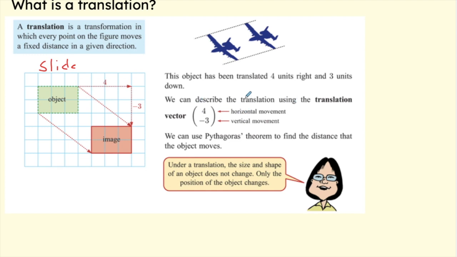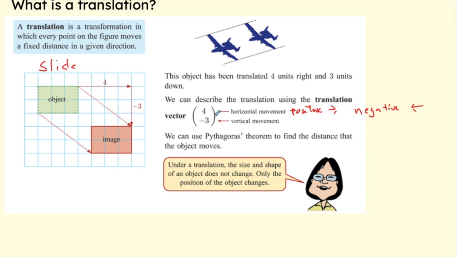On top is our horizontal movement. If it's positive, it goes to the right. A negative goes to the left. Just like on a number line or on a graph, negatives go that way, positives go this way.